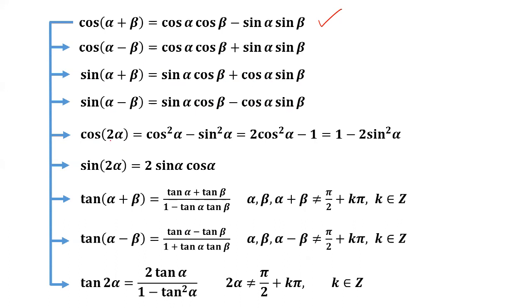And cosine of twice alpha equals cosine alpha square minus sine alpha square, which equals twice of cosine alpha square minus 1, which also equals 1 minus twice of sine alpha square. Okay, I'm not going to read all of these for you. Please have a look at them. You can write them down in your notebook first, and in the next slides we're going to prove each of these identities.